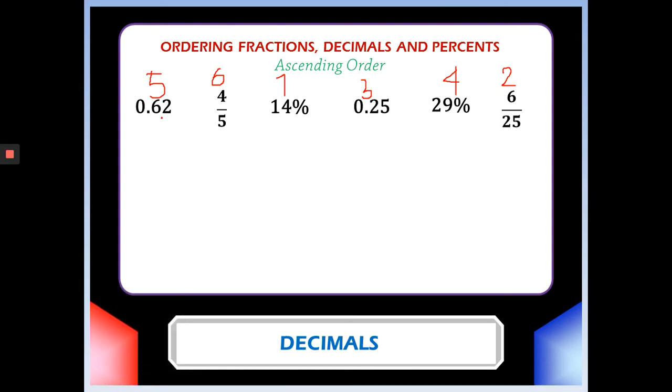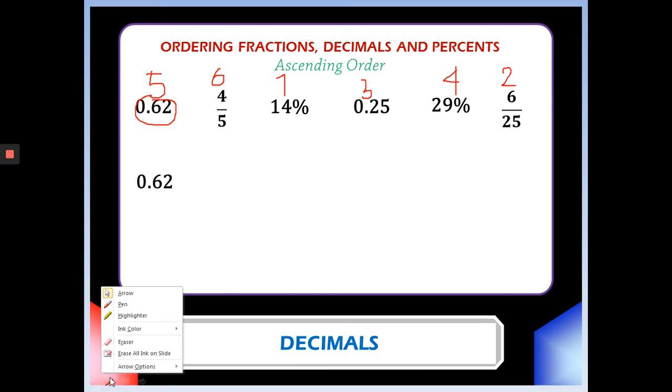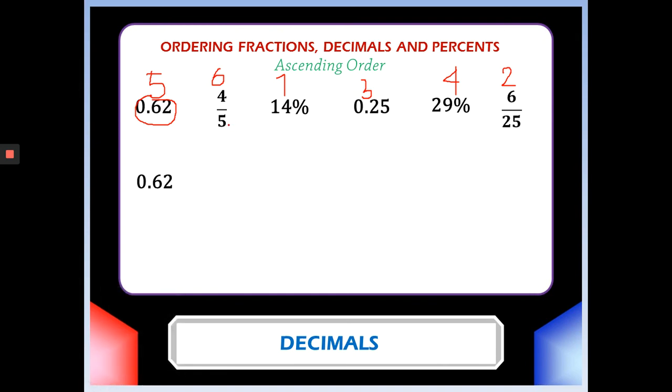Let's try with this one first. Since this is already a decimal, then we don't have to do anything on that. We'll just write that down. 4 fifths, how are you going to make that into decimal? Let's convert this into a fraction with the denominator 100, or you can simply divide 4 by 5. Or let's multiply this by 20 to make the denominator 100. Or you can use 2 to get the denominator 10.